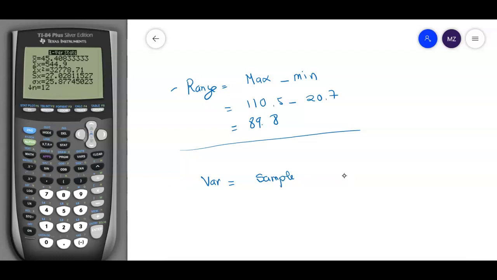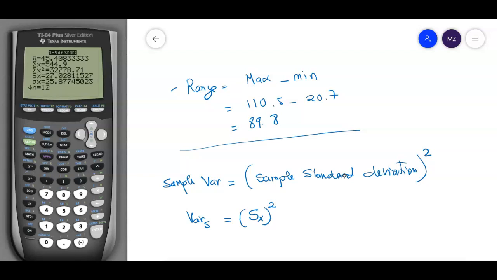So this is the sample variance. It's going to be the sample standard deviation, and you have to square it, all right? Usually we write the variance as sample S squared. The sample standard deviation on the calculator is SX, or S if you want, and then you square it.